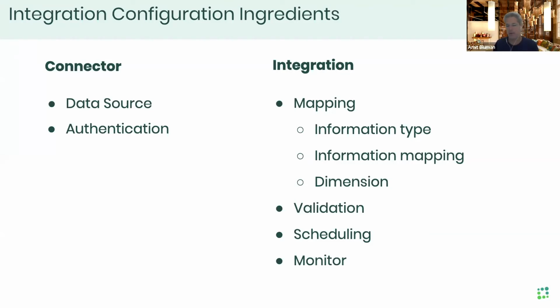Validation, a crucial part for customer data hub. We are validating tons of things. We have hundreds of validations going on. It validates your structure, the quality of the integration of the object, the mapping, and so on. Scheduling, all options there. You can schedule that for a one-time upload. You can schedule that for any minute that you want.